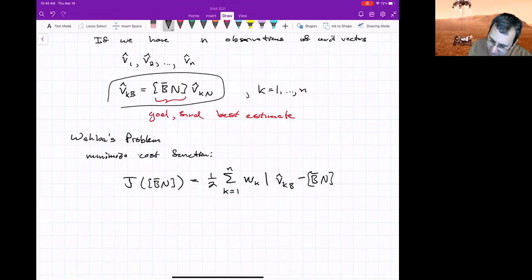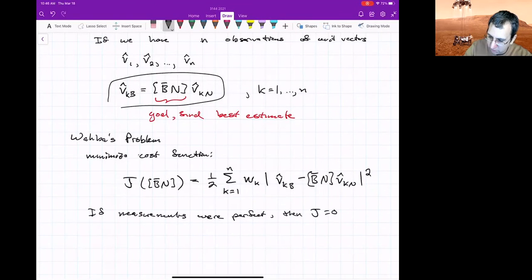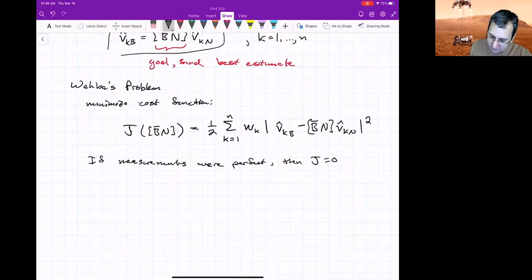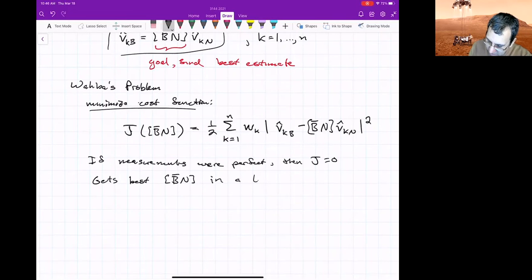If you were to rewrite this and make it equal to 0, that would be equal to 0. So we want this to be minimized. If measurements were perfect, then J equals 0. But we're not necessarily going to have perfect measurements. So minimizing that cost function gets the best estimate for this rotation in a least squares sense. So you've probably seen cost functions in a control class, and they're often quadratic.